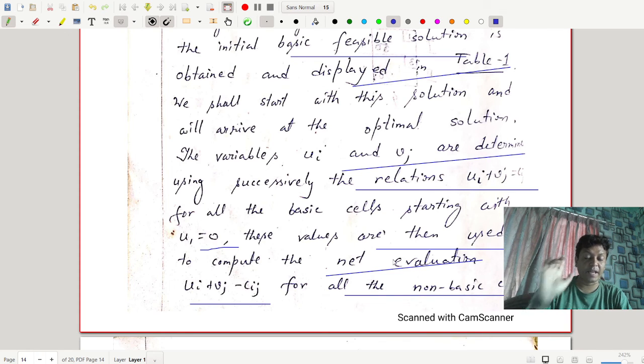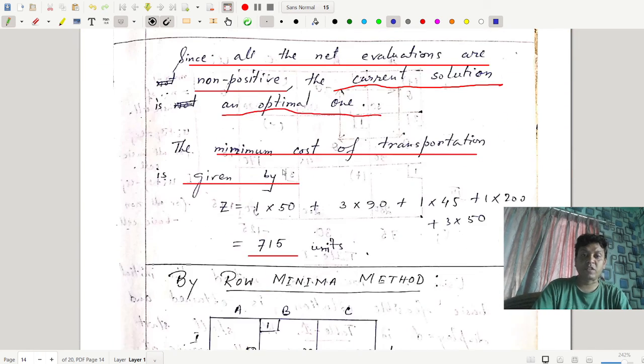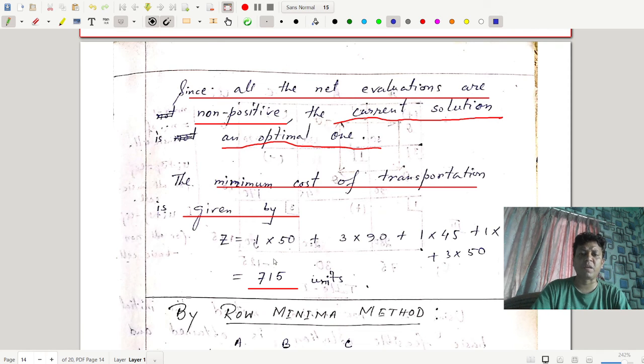Since all the net evaluations are non-positive, that is either 0 or negative, the current solution is an optimal one. That is the optimality criterion. The optimal cost of transportation is given by the initial basic feasible solution.